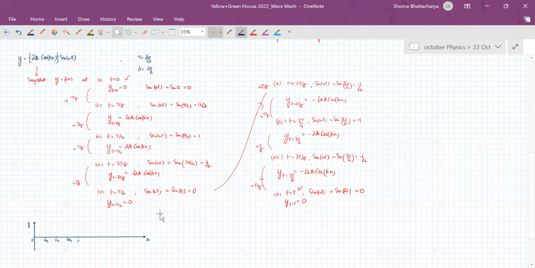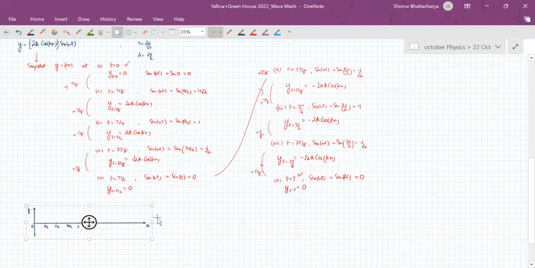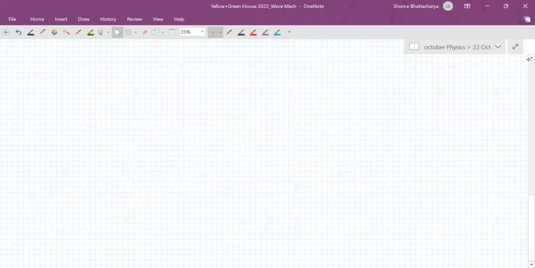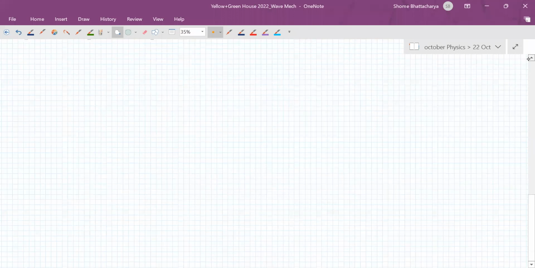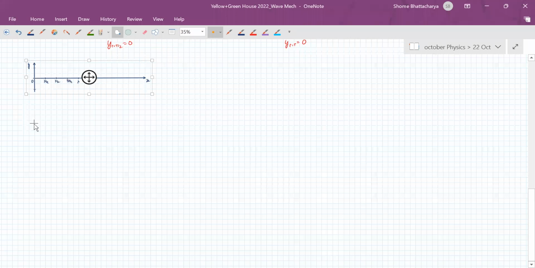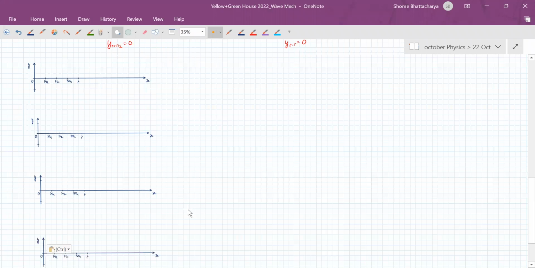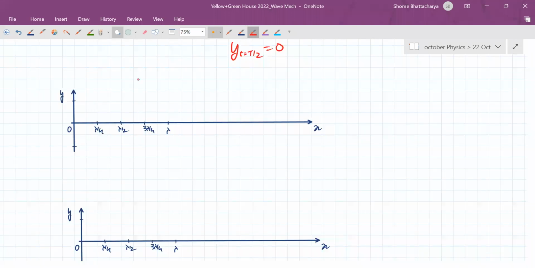So now what we'll do is we'll start plotting these. It seems like a lengthy task, but it's not going to be too difficult once it's organized. Okay, so when we start from t equal to 0, we saw that all the medium particles were at the mean position, y equal to 0.